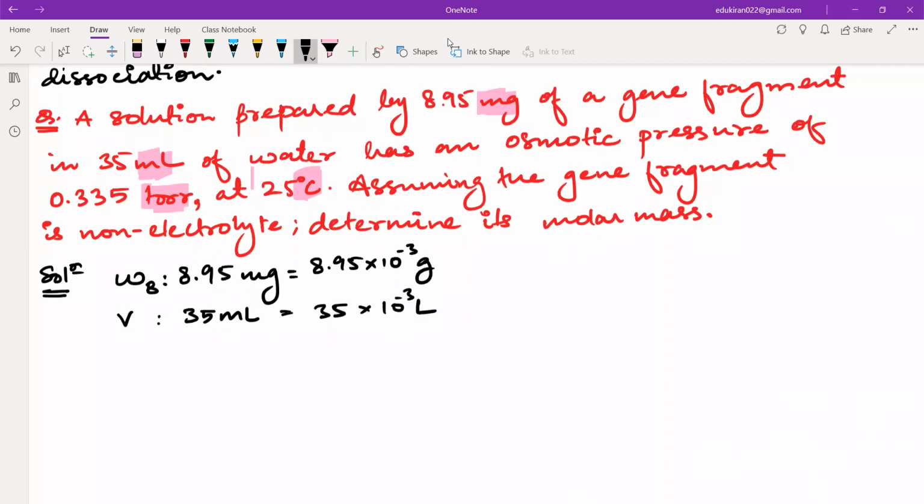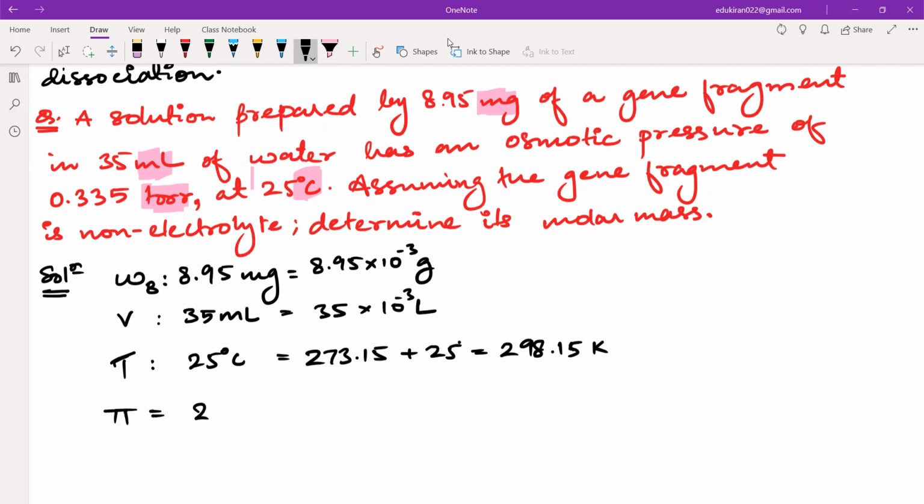Then what do we have? Let's write temperature first. Temperature is 25 degrees Celsius. Converting this to Kelvin scale, it will be 273.15 plus 25, which is equal to 298.15 Kelvin. Next, we have pi.